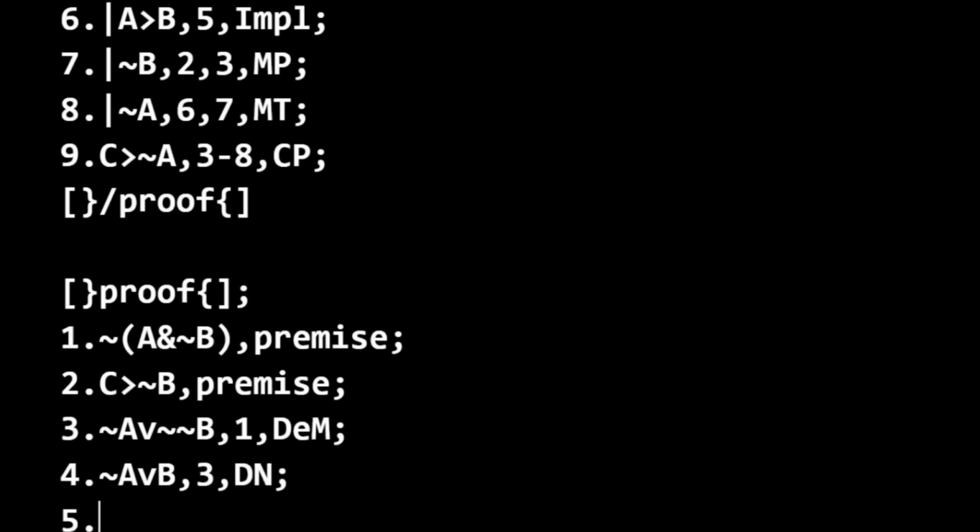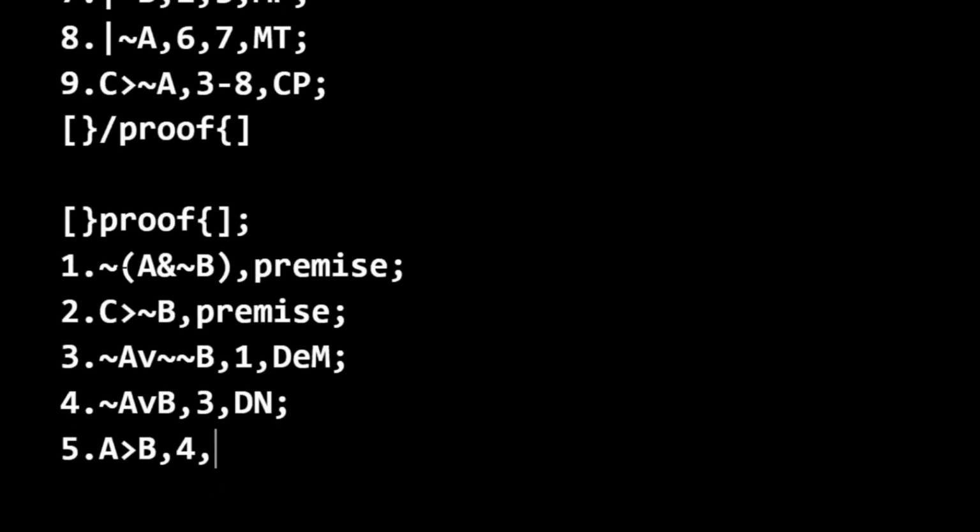And in line 5, we could even do implication, so a lot of what we did inside the conditional proof can logically be done before we start the conditional proof segment. That's the direction I want you to go. Let's only put in the conditional proof segment things that necessarily belong there.